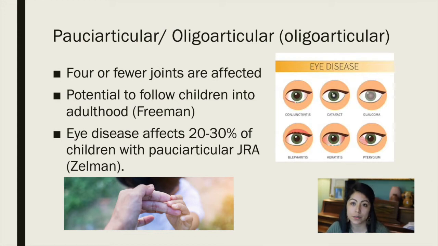Regular eye exams are extremely important with anybody that has JRA, but especially with pauciarticular, because eye disease does affect between 20 and 30% of children with this type of JRA, so make sure to get those eyes checked.